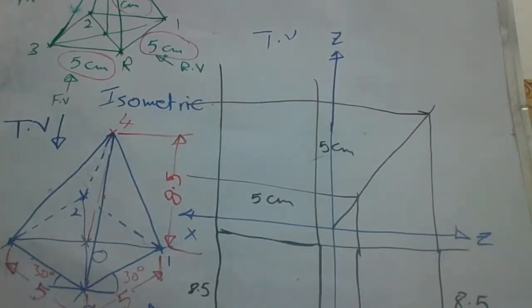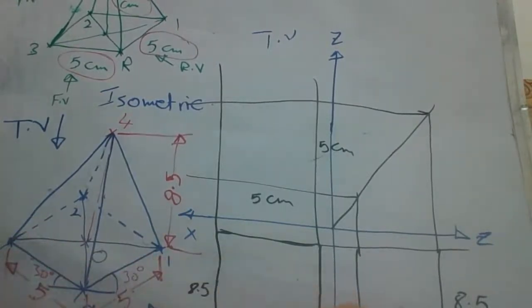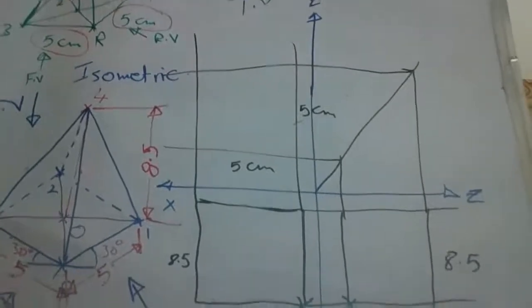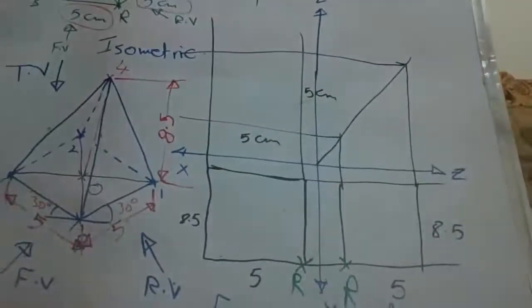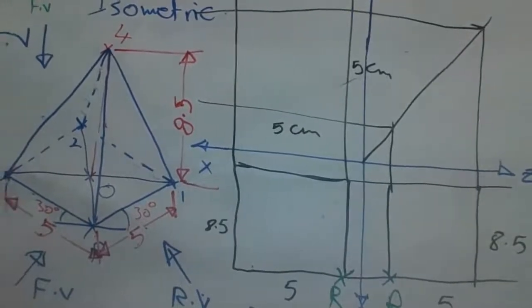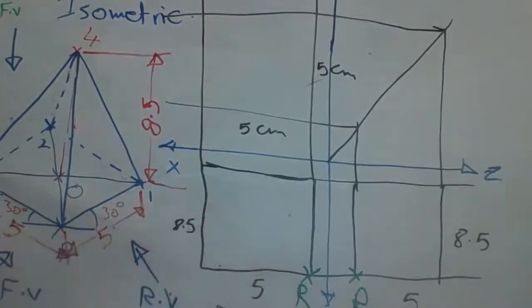Now let us put the projection of the pyramid inside the standard shapes we drew for the projections. We will start with point R, always for front view and here for the right side view. Now this is point R. Let us start with front view.